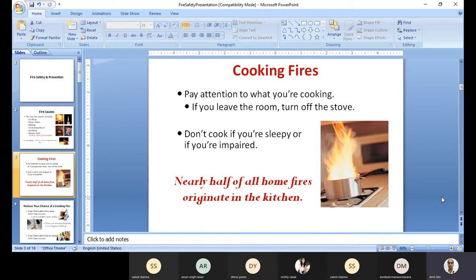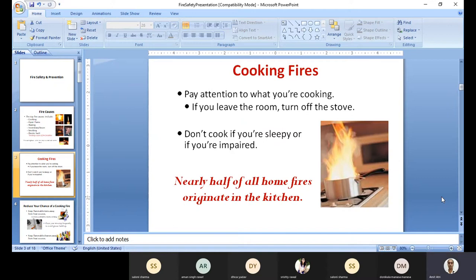Another thing, if you leave the room, turn off the stove. Basically, it means always keep an eye on the cooking stove. Whenever there is some situation, like a fire starting, then switch off the stove.